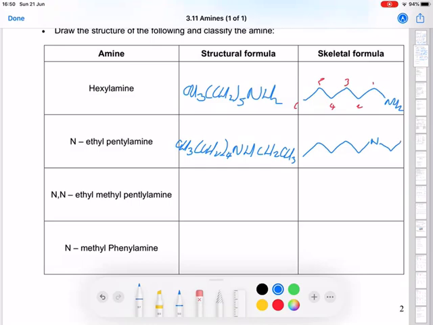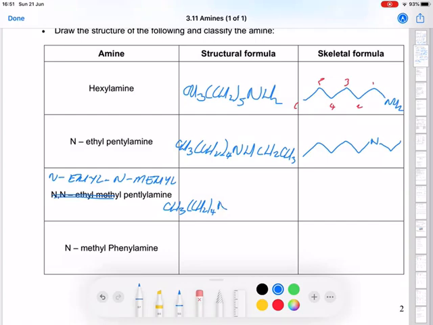Okay, so this name is wrong here, or that beginning part there. It should be N-ethyl N-methyl. Okay, so let's have a go at that one. We'll start with the pentylamine first. So CH3, CH2 x 4, that's my 5 carbons there.